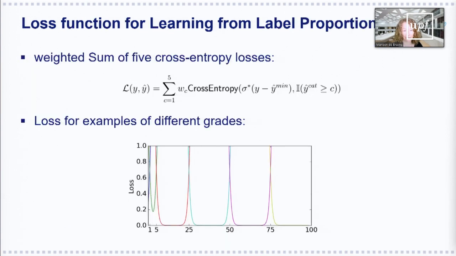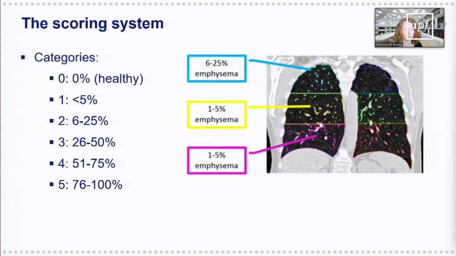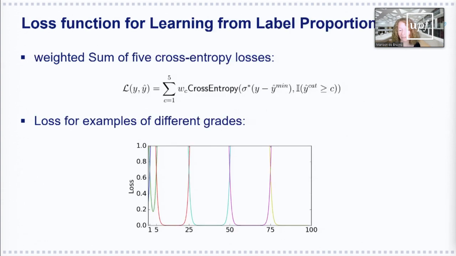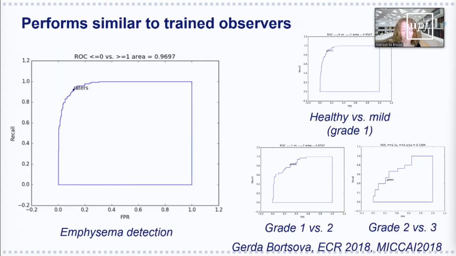And if you go back to what it means, grade 2, about up to a quarter of the region is affected. Grade 3, between a quarter and 50% of the region is affected. Humans are just not very good at eyeballing disease extent in this way, and there's a huge inter and intra observer variability.